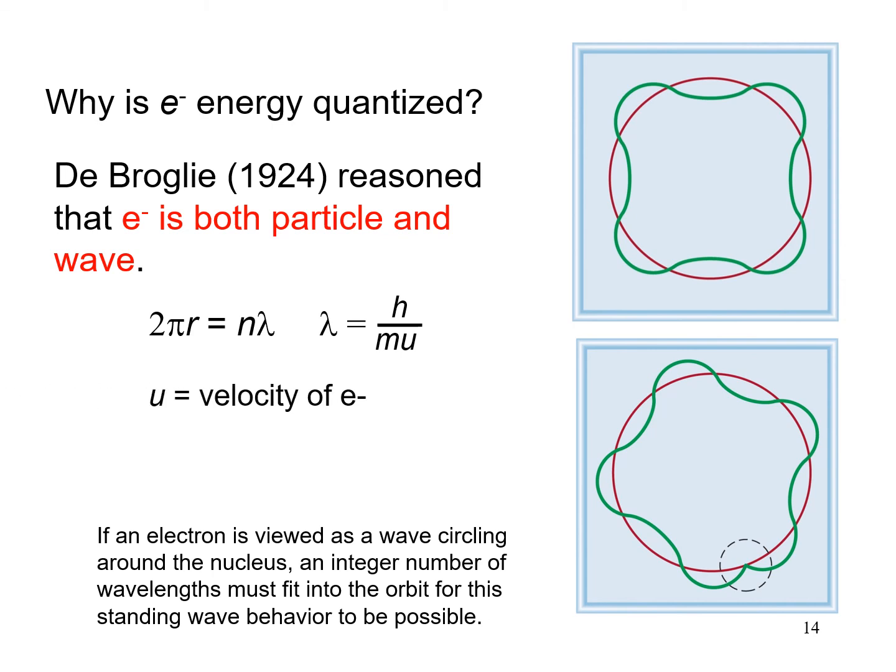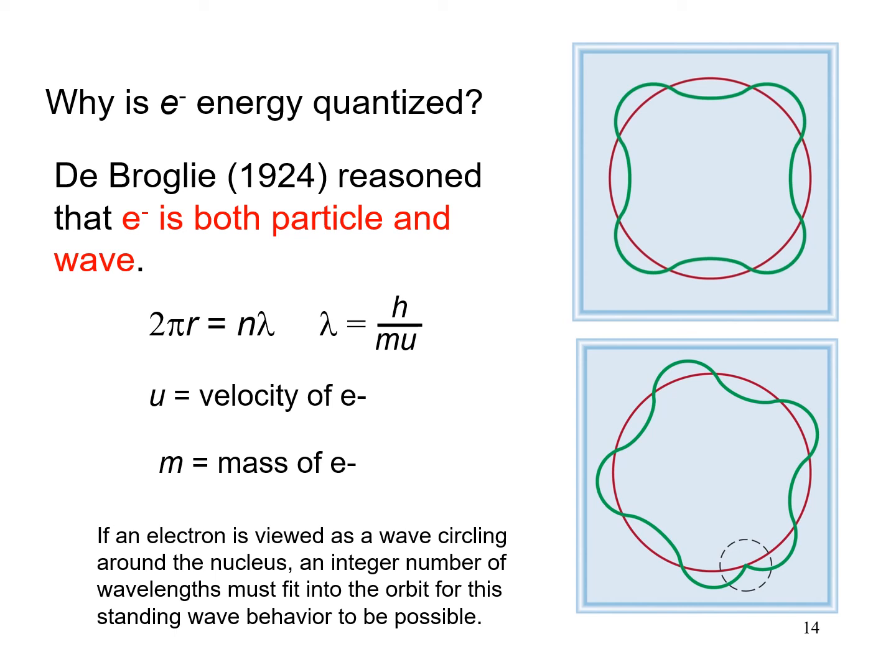Now notice we're talking about the electron, which is a very different creature from the photon, which is actually not considered to have any measurable mass, whereas an electron does. So de Broglie's equation actually incorporates both a term for mass and for velocity.